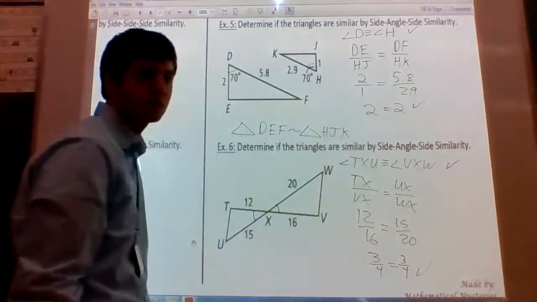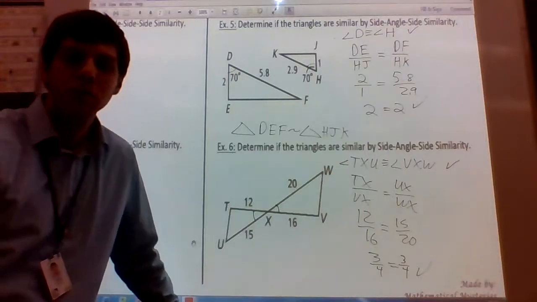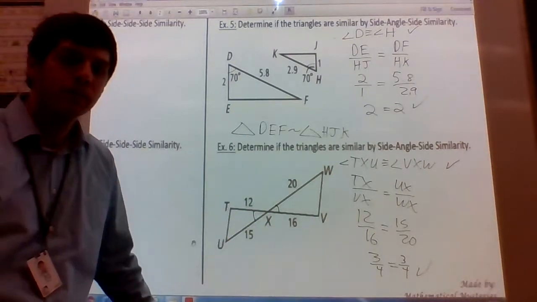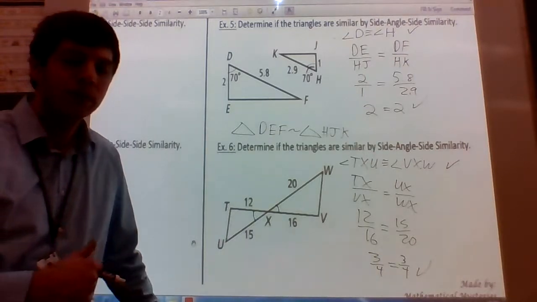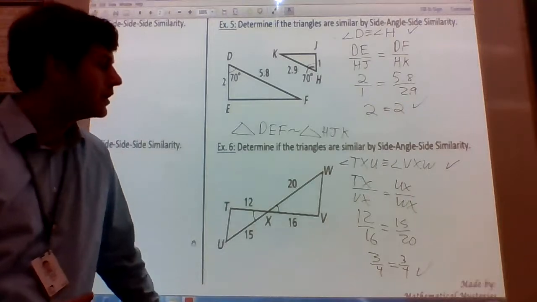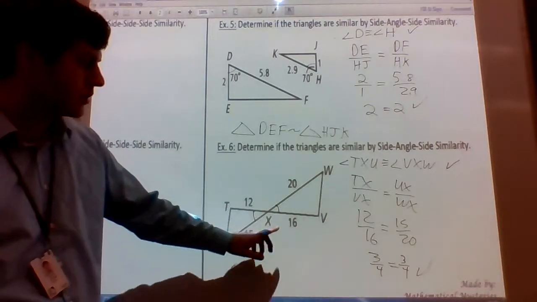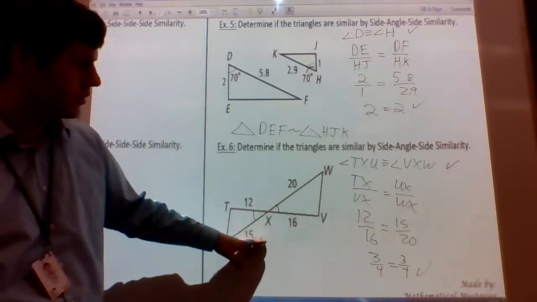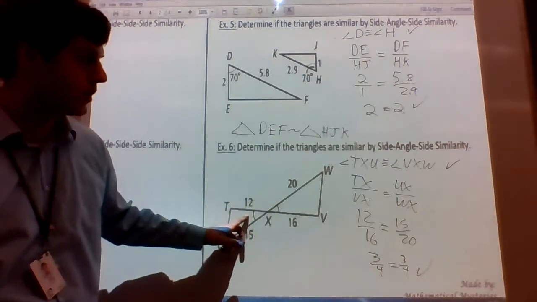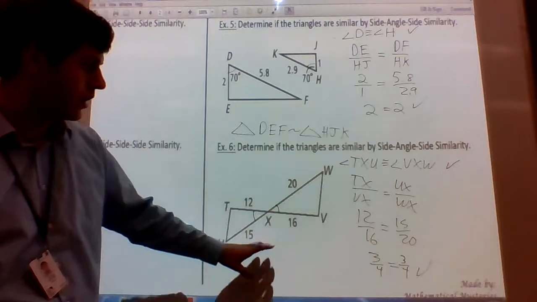3/4 equals 3/4. So the two ratios that compare the corresponding sides are equal. That means the sides are proportional. Since two pairs of corresponding sides are proportional and the included angles are congruent, that means the triangles are similar.